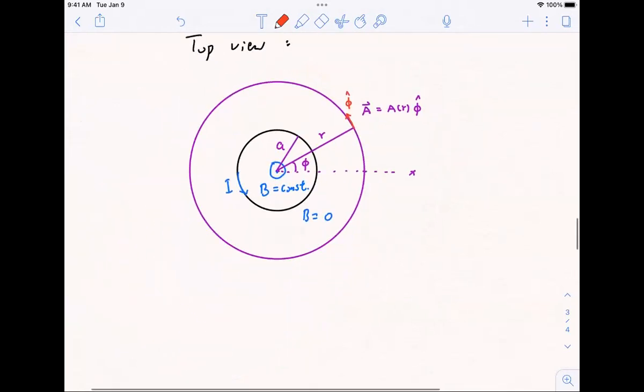So let's get the form of A first. Here B equals the curl of A. We're going to get the form of A for this particular problem.